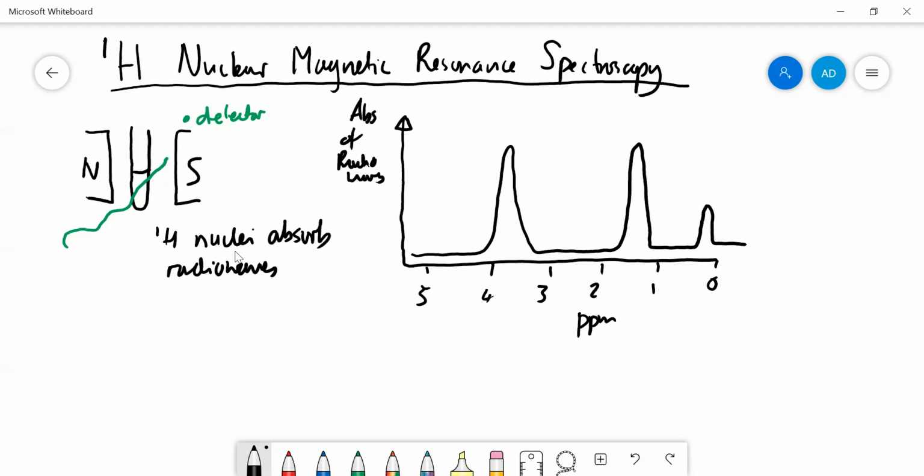And what are we increasing on this scale? In actual fact, usually it's the strength of the magnetic field that is increased. So as you go along there, the magnetic field strength is increased.